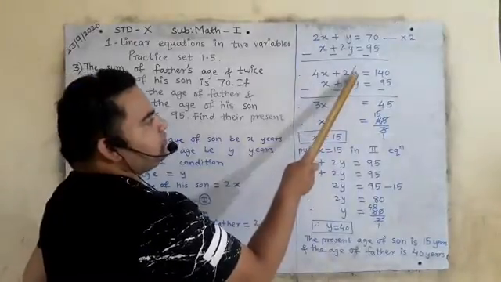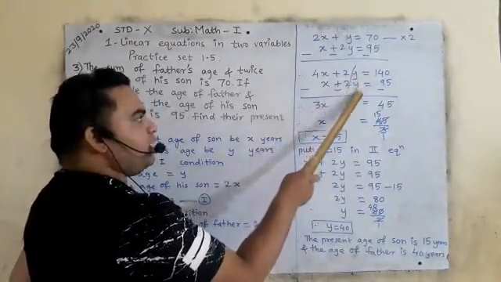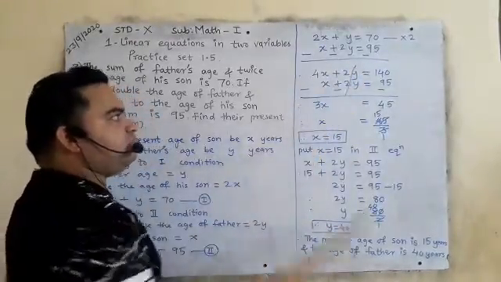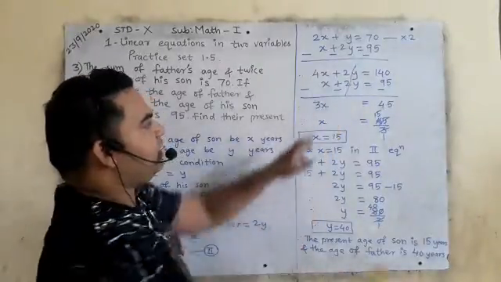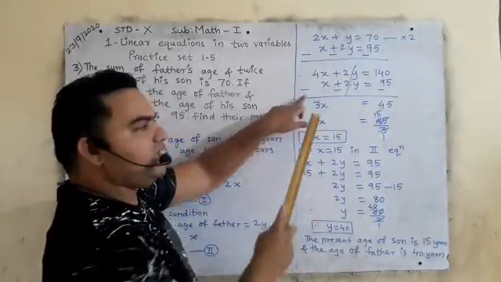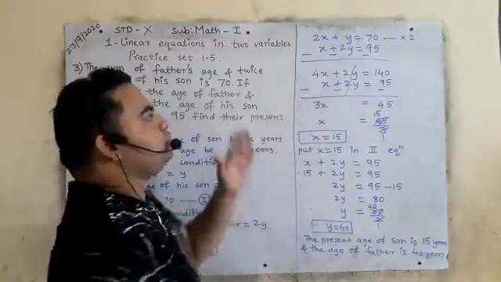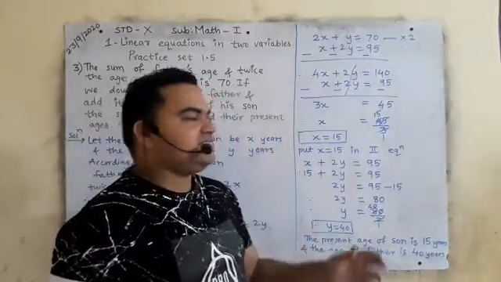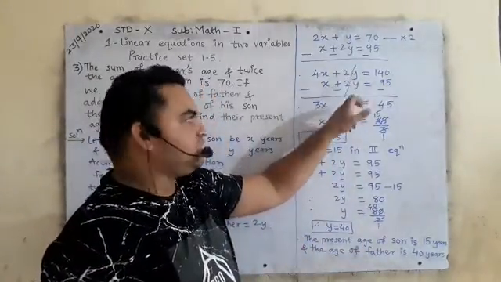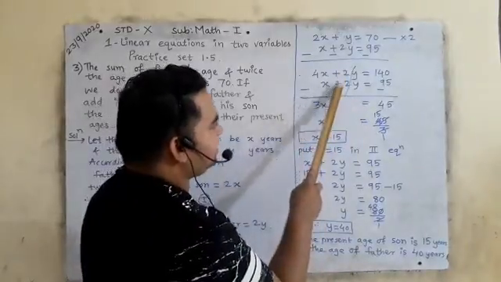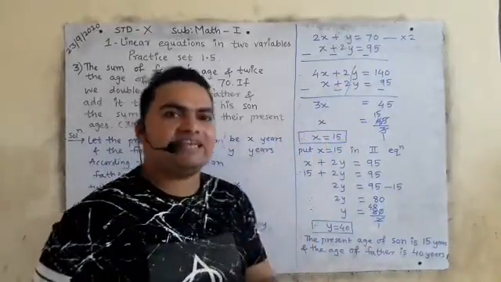Now can you see the coefficients of variable y are equal now, 2y, 2y. It means you have to use subtraction. Why subtraction? When you want to cancel any variable, check the signs. It is plus plus, which means same signs.